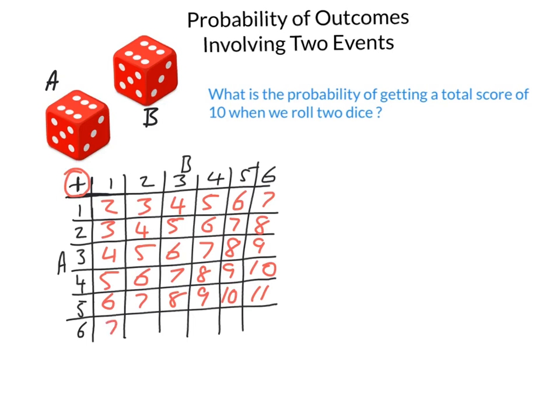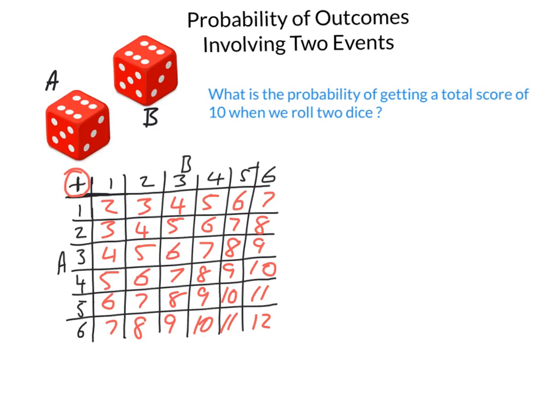And we could get a 7, an 8, a 9, a 10, an 11, or we could get a 6 and a 6, which is a 12. So there are 36 possible scores that we could get, the lowest of which is 2 and the highest of which is 12. The question wants to know what's the probability of getting a total score of 10.